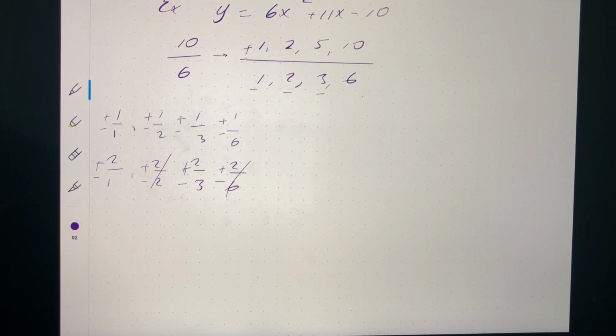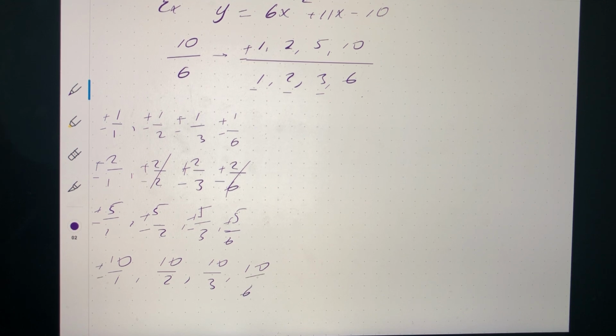Next, 5: 5 divided by 1, 5 divided by 2, 5 divided by 3, 5 divided by 6, plus or minus. And then 10: 10 divided by 1, 10 divided by 2, 10 divided by 3, 10 divided by 6, plus or minus.